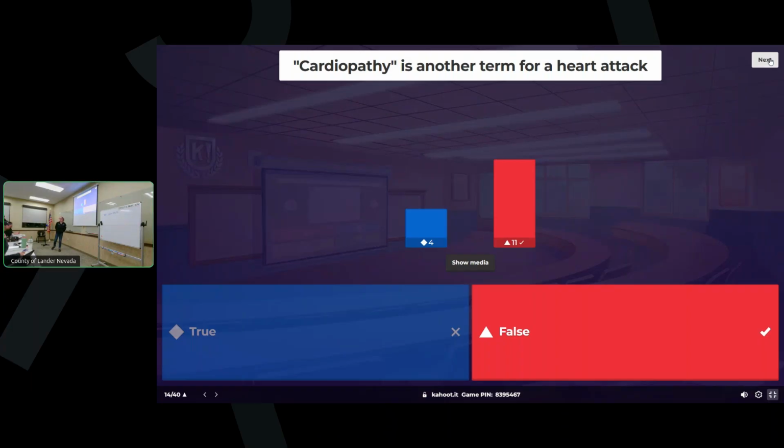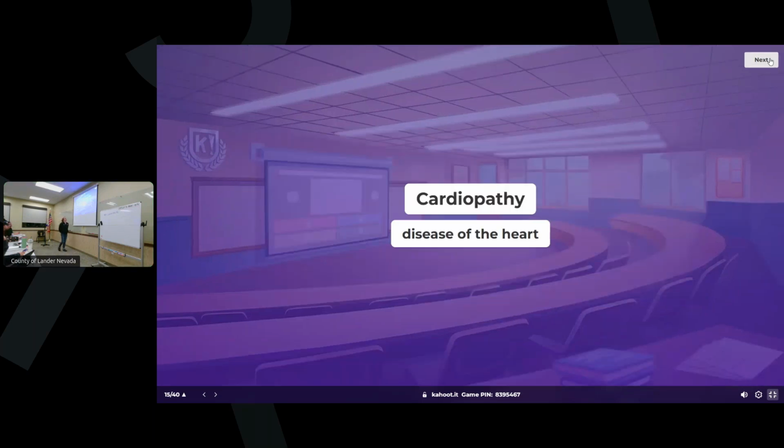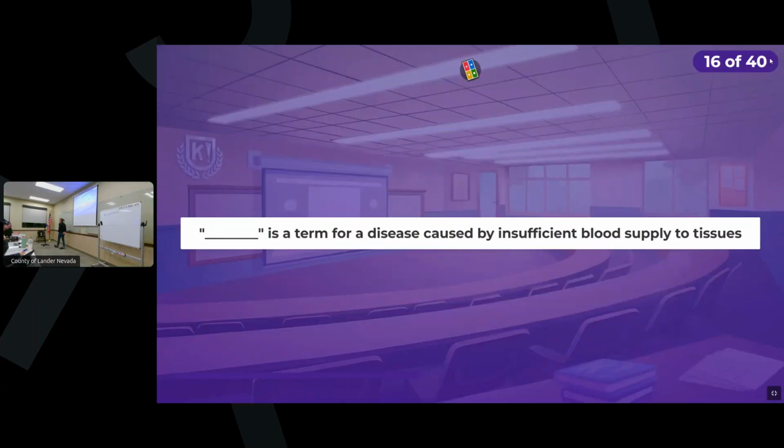Yep, myocardial infarction. Death of the heart cells. What is cardiopathy, do you think? Study of the heart. Or disease of the heart, sorry. What would be study of? Ology? Yes, there it is.